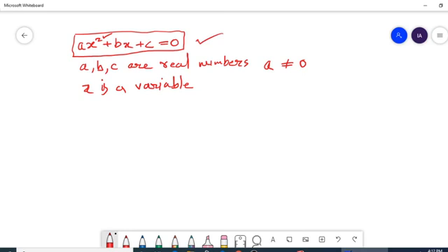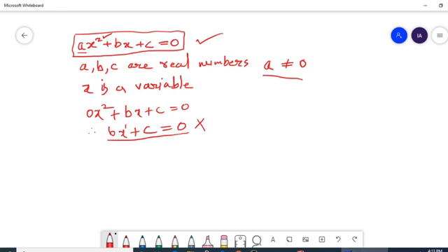For example, if I substitute 0 in place of a, this equation will look like 0 times x square plus bx plus c equals to 0, which can be written as bx plus c is 0. As you can see here, the highest power of this equation is 1. So this equation cannot be considered as quadratic equation. That is the reason a should not be equal to 0.